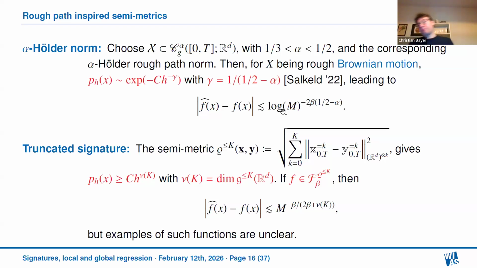However, and here it becomes important that we did not require rho to be a metric, you can also do something much more naive. You can take a truncated signature and compute the Euclidean distance between truncated signatures. So x, y are two paths: I compute the truncated signature up to some level k of path x, and of the path y, and then I take the Euclidean distance between those two.